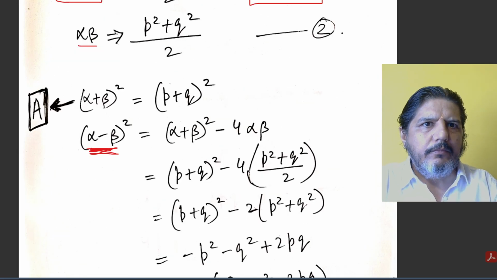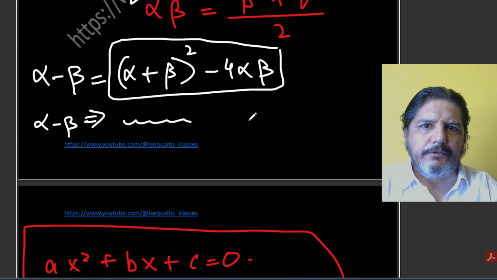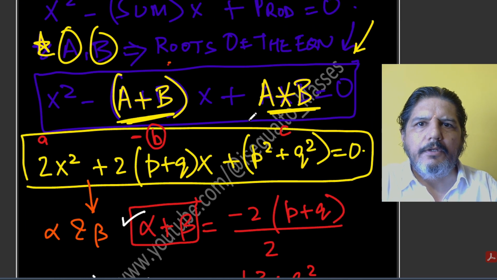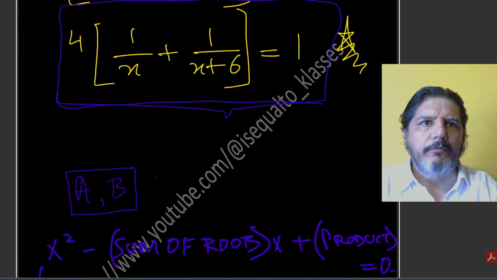Now, as I have discussed before, see the value of A. Where did we write it? Yeah, I think we put it here.